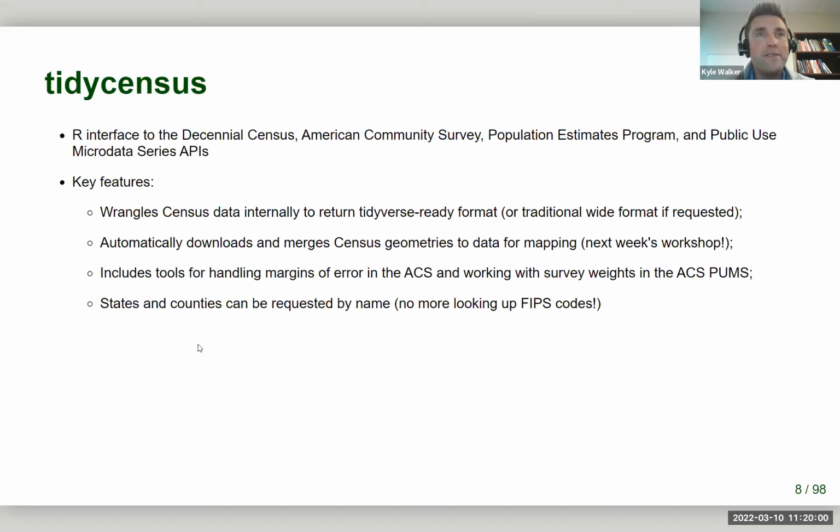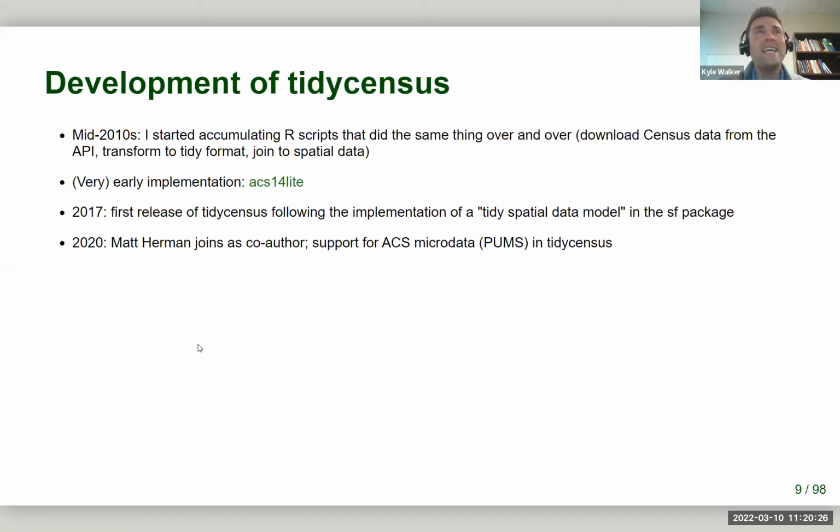And one of my favorite features since I first started writing this package, I could never remember the FIPS codes of any location that I wanted. I can basically now remember Texas is 48 and Alabama is 1, and that's pretty much it. But with tidycensus, you don't need to put in the FIPS code of a state or a county. You can actually request it by name. So with respect to the history of tidycensus, it's one of those interesting things.